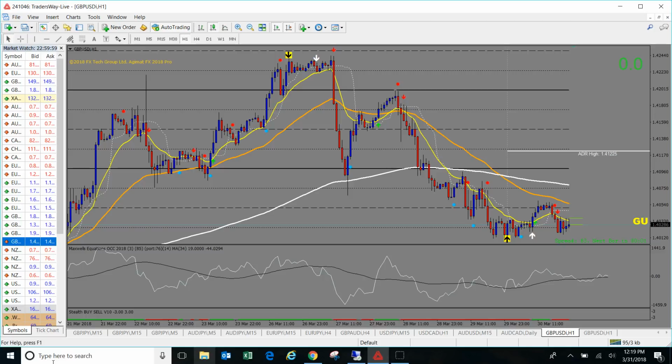I've always been a fan of the Maxwell equation just because it does give you that little future price prediction. And then as far as the TDI Pro, I think it's just one of the most thorough indicators out there. It really gives you a nice picture of what current price is doing.